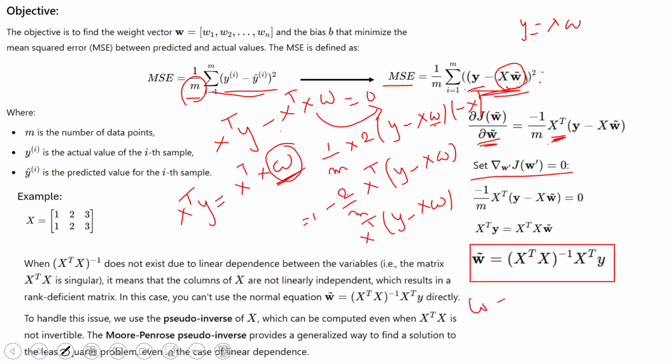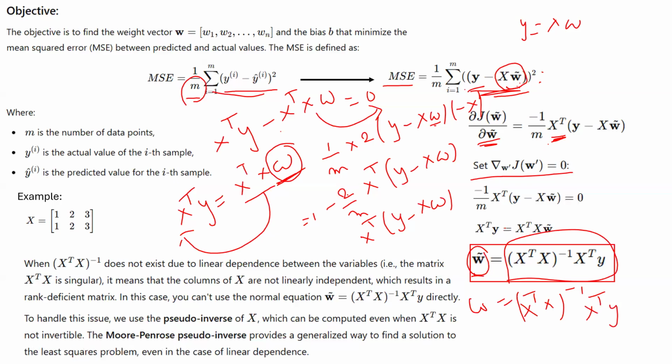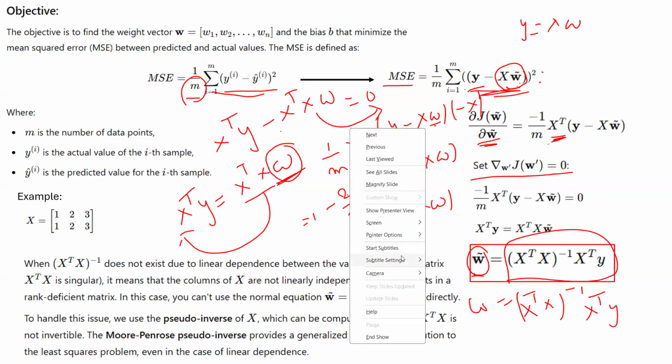So take x transpose x to the other side, and that becomes w equals (x transpose x) to the power of minus 1 into x transpose y. Now you have the value for w. If you solve this, you get the weight vector, and that weight vector will give you the optimal line. So this is all that happens within a linear regression.